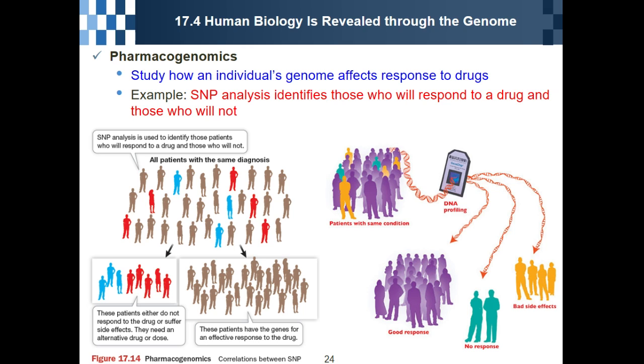Or maybe if we inject the drug, this person will exhibit bad side effects. Based on the SNP analysis, nowadays we can say that. Okay, so this is pharmacogenomics.